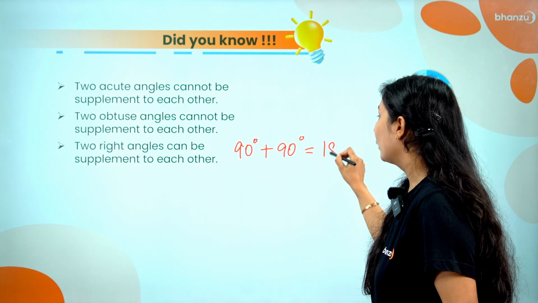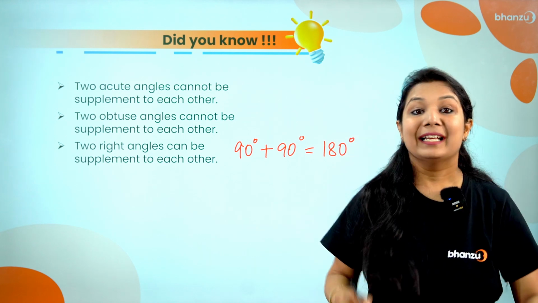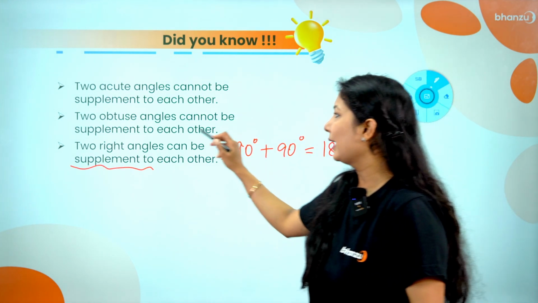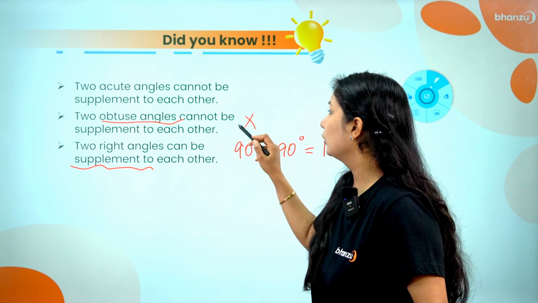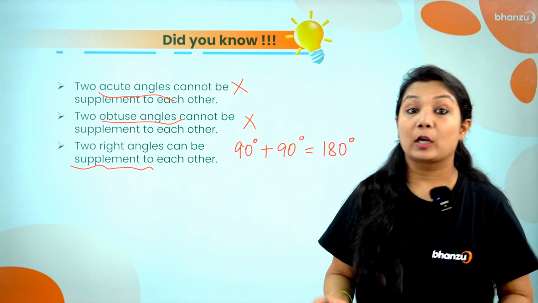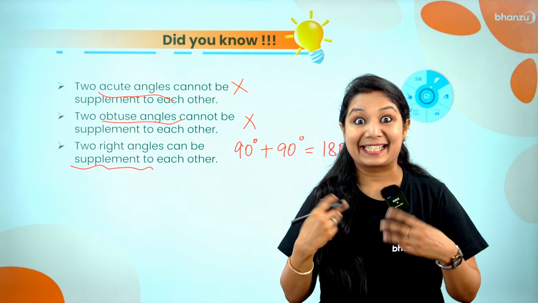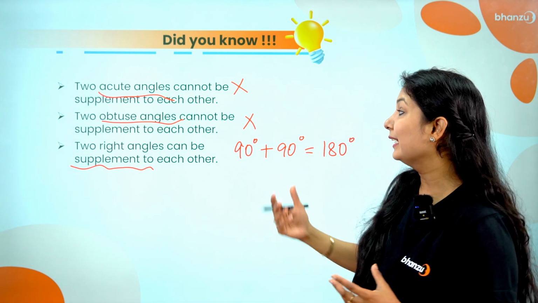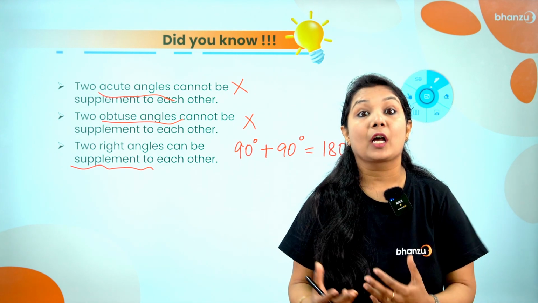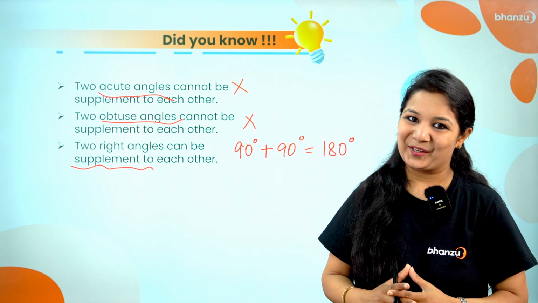We get 180 degrees. So therefore, they are supplements of each other. But obtuse angles are not supplements of each other, and acute angles are not supplements either, because the sum exceeds 180 degrees for obtuse angles, and for acute angles it does not come out to be 180 degrees.